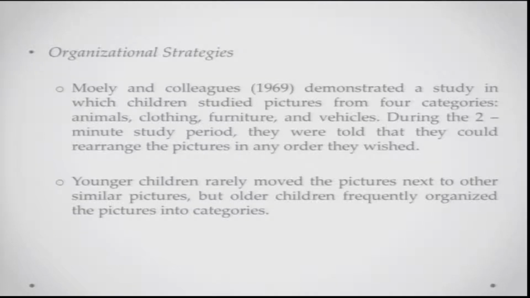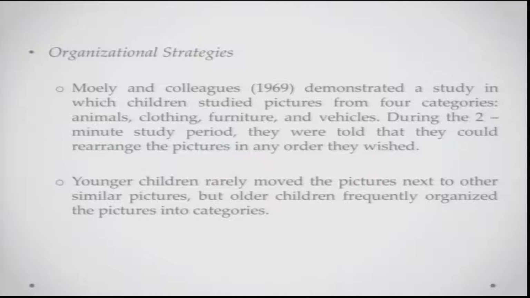Morley and colleagues in 1969 demonstrated in a study in which children looked at pictures from 4 categories: animals, clothing items, furniture and vehicles. During the 2-minute study period, they were told that they could organize and rearrange these pictures in whichever way they wanted. This arrangement could actually help them recall stuff better.